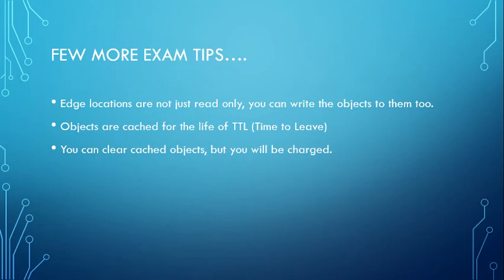If you set the TTL value to 20 days, then for those 20 days the data will be cached in the memory of the edge location. After that, the data will expire. The third point is that you can clear the cached objects, but you will be charged. Suppose your cache memory is full and you want new data to get uploaded or you want to access some new data, so you need to clear the cache, but remember that you will be charged for that.